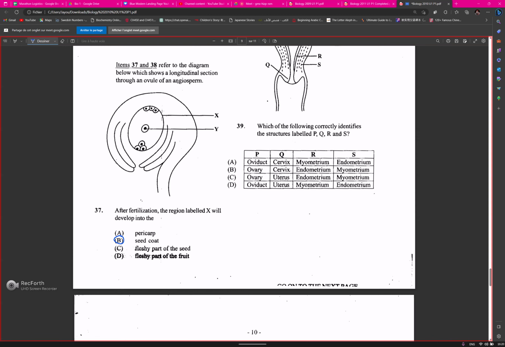Can it be the testa? And then the integuments will grow into the endocarp, well, the mesocarp, right? So X would be the endocarp, the integuments would be the mesocarp, and then the outside part now will become the entire pericarp.